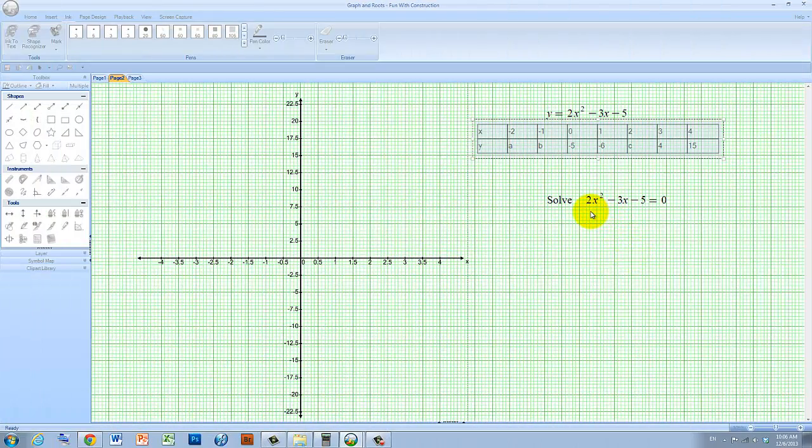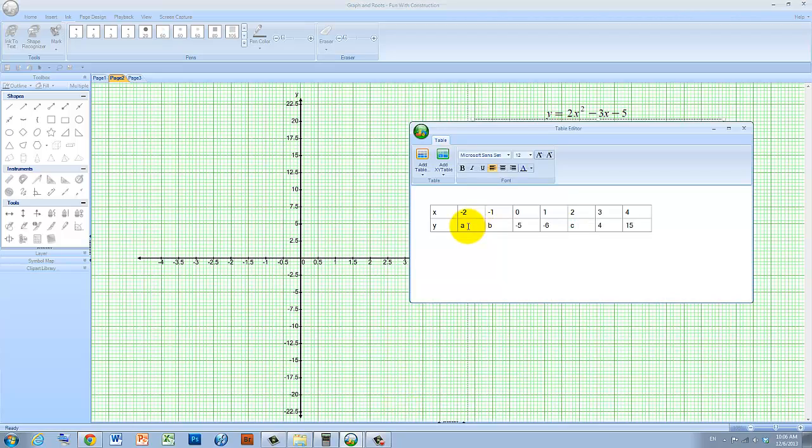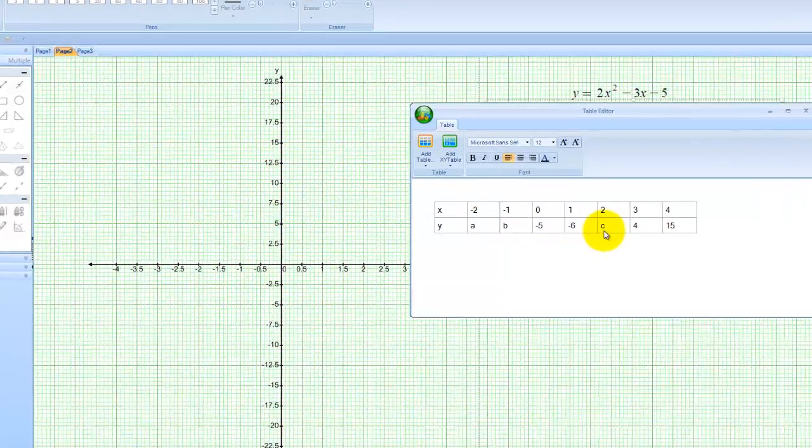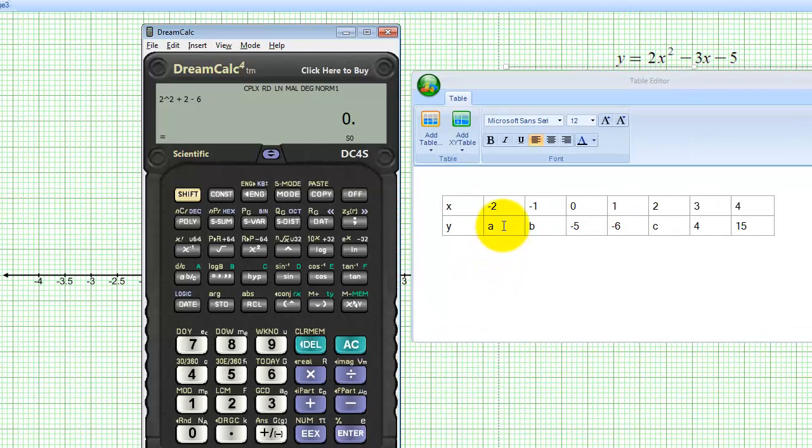We shall now try to solve the quadratic equation 2x squared minus 3x minus 5 equals to 0 graphically. First, we will plot the graph by using a table. We will find the values of a, b, and c here. In order to find the value of a, we will let x be negative 2, and hence y will be equals to 2 multiplied by negative 2 squared minus 3 multiplied by negative 2 minus 5, and we will have a equals to 9.